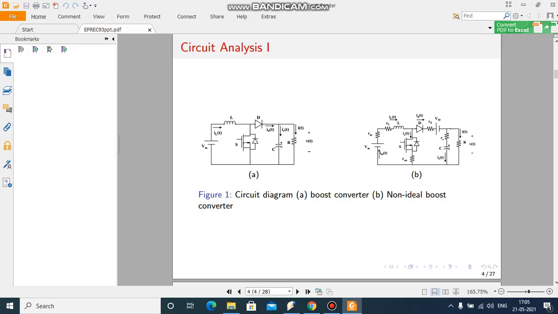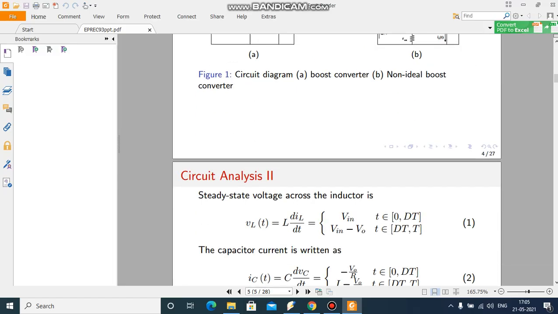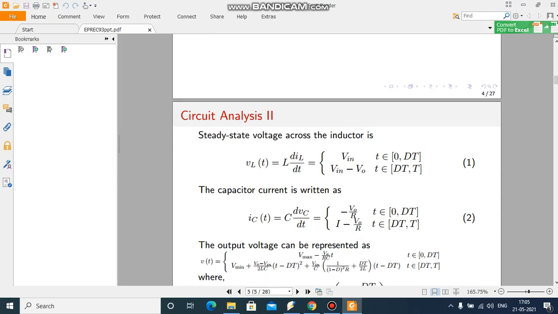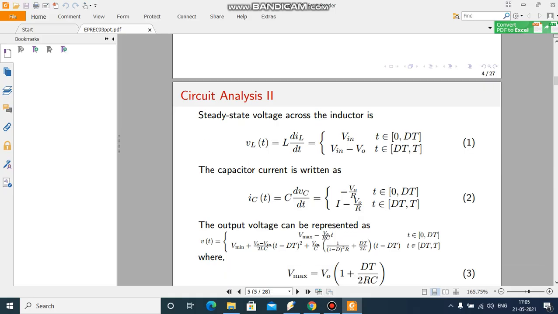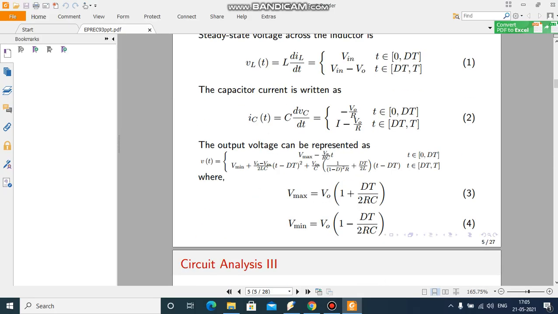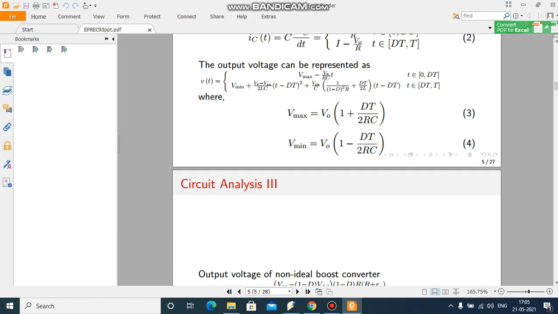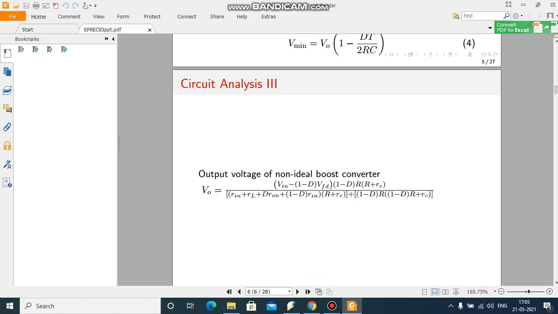The first figure is the basic boost converter without any parasitics, but the second figure comprises different parasitics. Here in the steady state analysis, we have given the voltage across the inductor, the capacitor current, and the output voltage, where Vmax and Vmin are there, and the output voltage for the non-ideal boost converter.